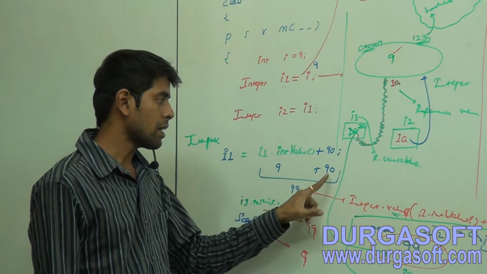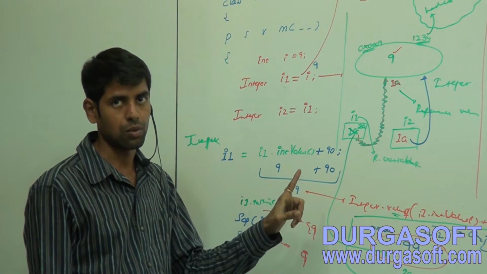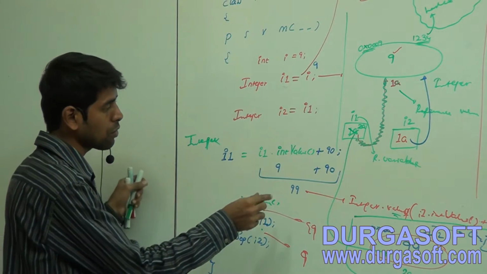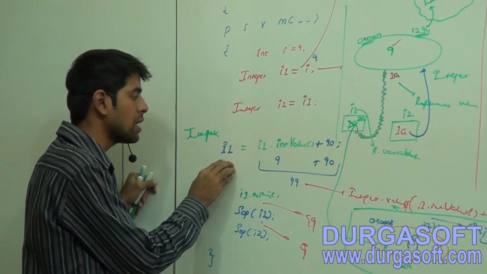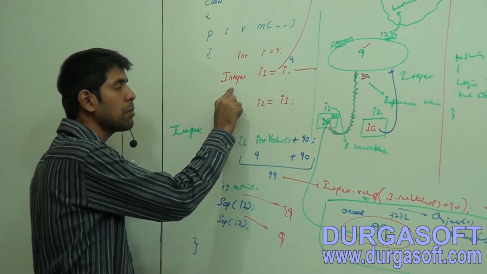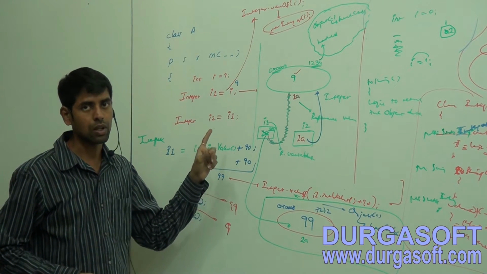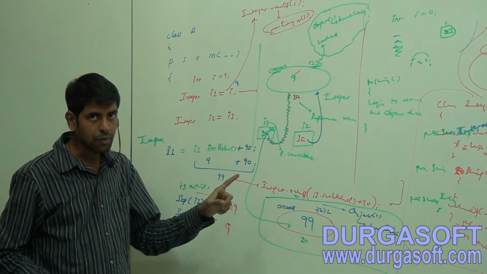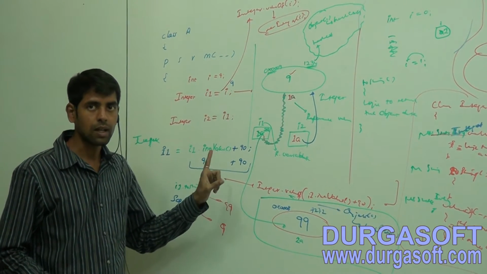I am adding 90 to that primitive value, and that resultant value once again I am assigning to I1. What is the I1 variable type? Integer, which is a reference variable. So here once again AutoBoxing will be done by our compiler.